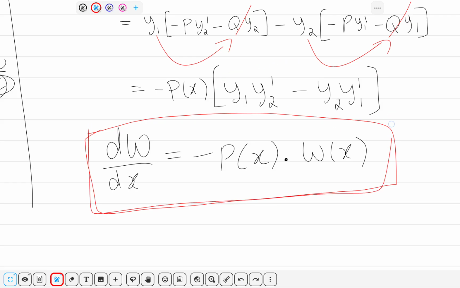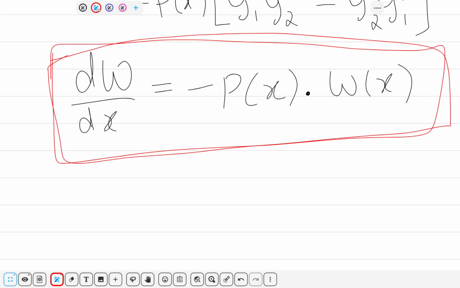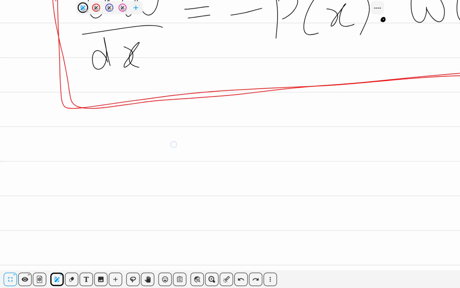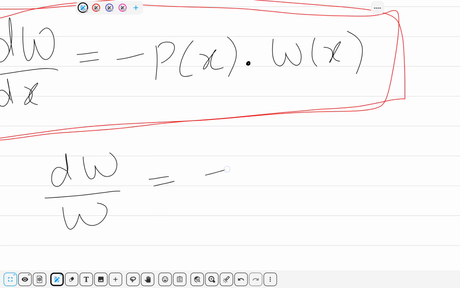This equation doesn't have any of the solution. So this means even if I don't know the solution of the differential equation, I can still find out the Wronskian. That's crazy.